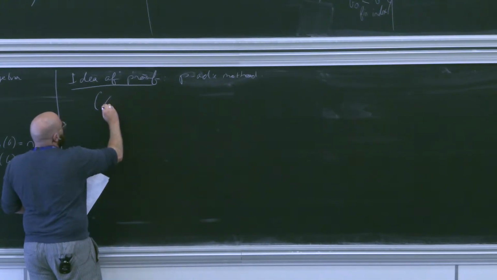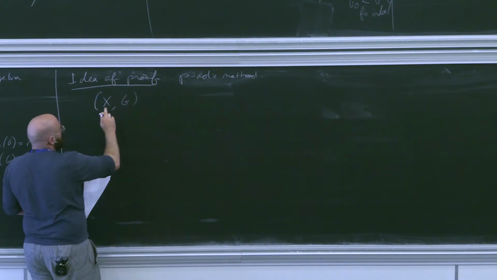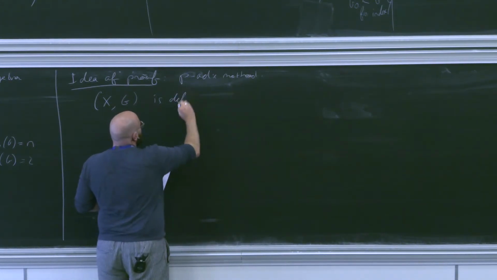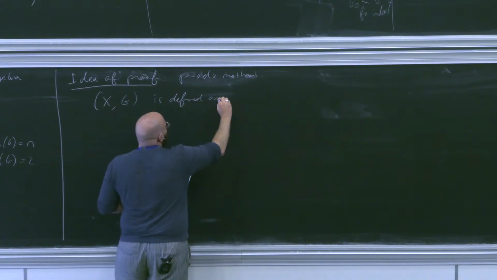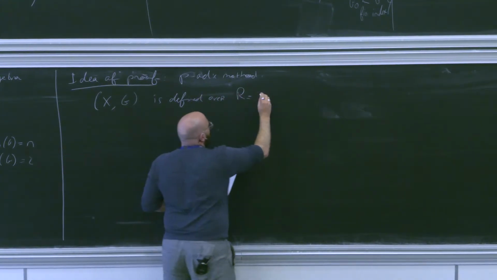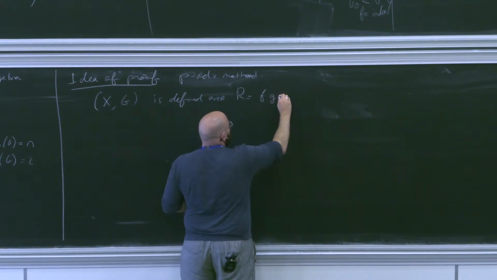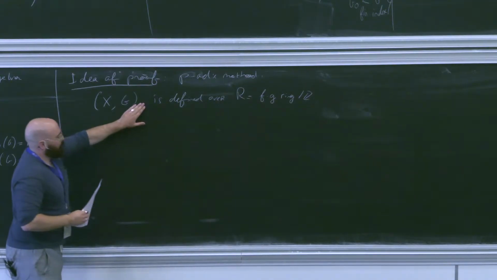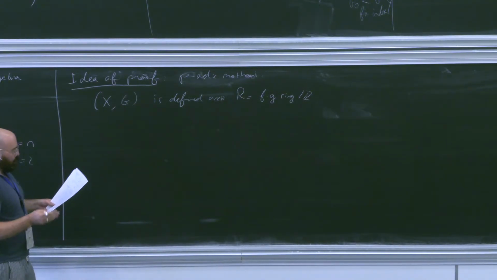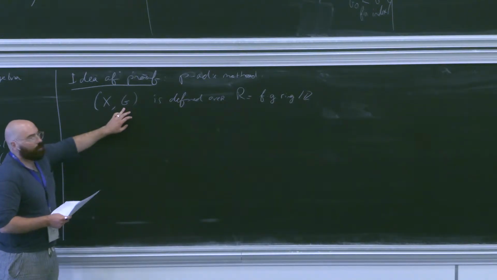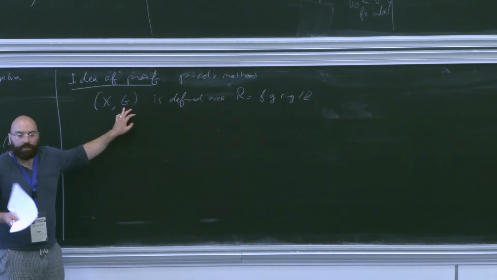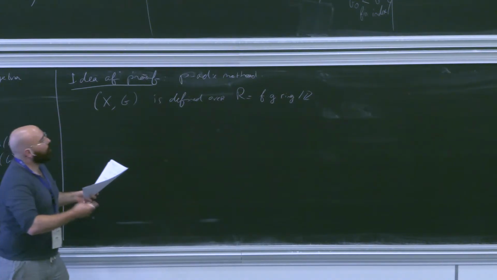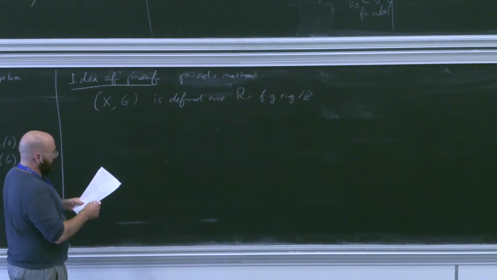So if I look at my pair X, G, so my variety and my group, everything is defined over R, which is a finitely generated ring over Z. I will give precise meaning to that a bit later on, but you can do that because G is finitely generated, so you can look at generators and do that. And your variety is quasi-projective, so it's given by a finite number of equations and complements. So you can also do that.